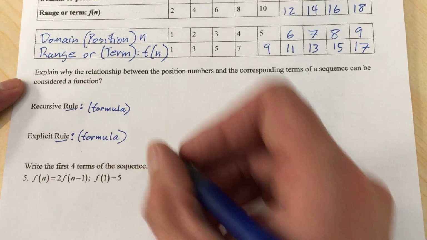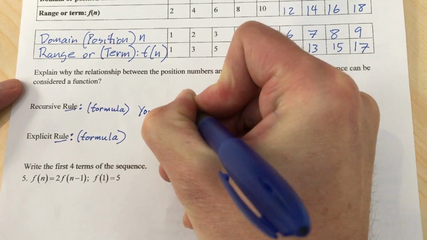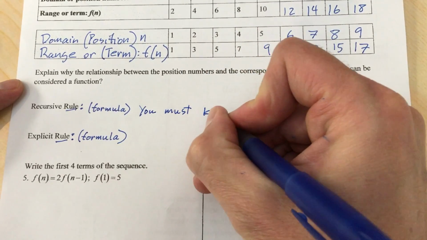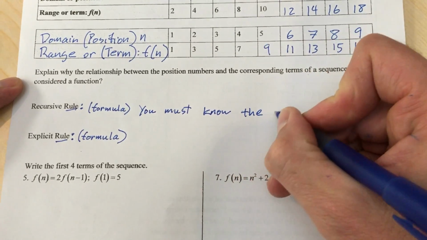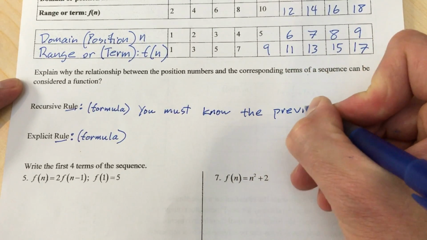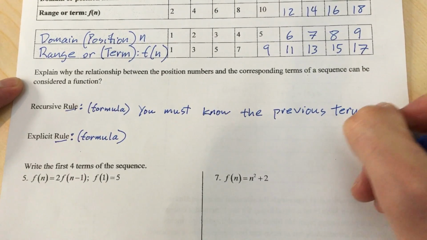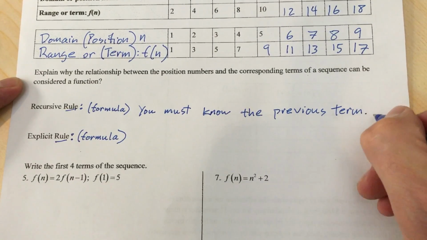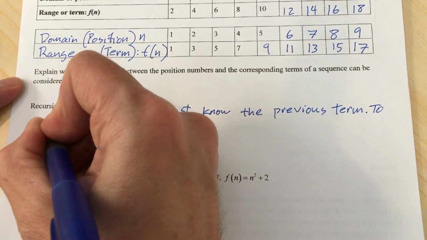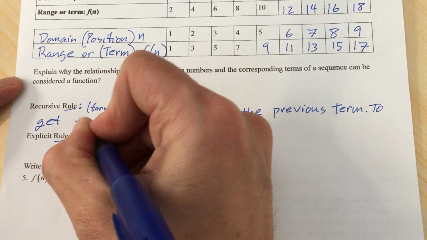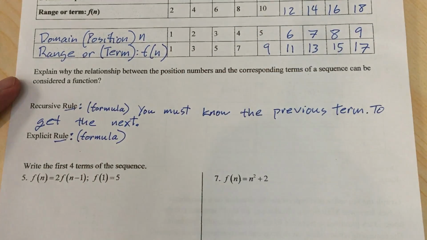And for the recursive rule, you must know the previous term to get the next term.